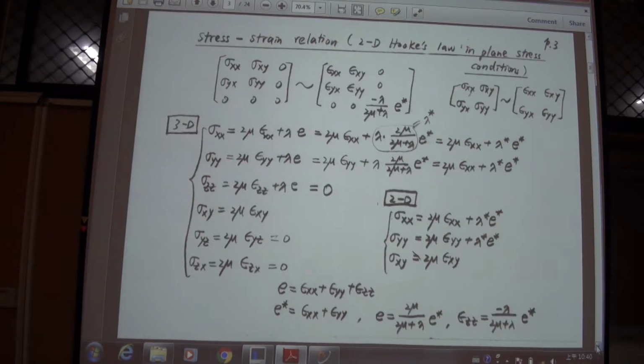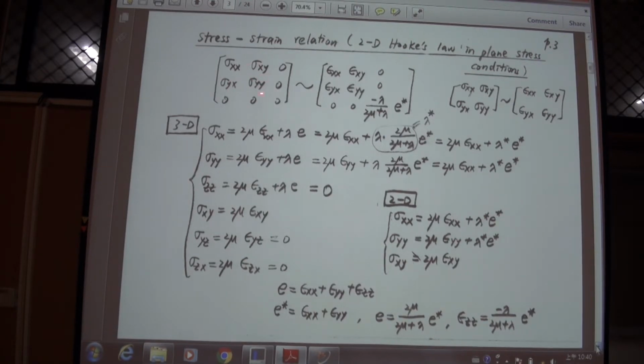Let us summarize our result here. The stress-strain relation in general has a 3 by 3 stress matrix related to the 3 by 3 strain matrix like this. But now for the plane stress situation, some components are equal to 0 here, and some components are equal to 0 here. So even though the outlook is 3 by 3, these matrices are in fact 2 by 2 matrices, right?